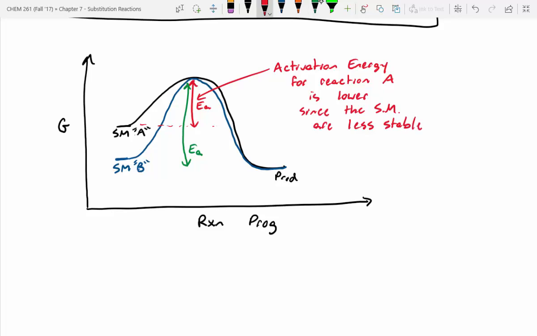Does that make sense? So by bumping up the stability, we're actually lowering that activation energy at the exact same time. It's kind of an abstract thing to think about. Does that make sense?